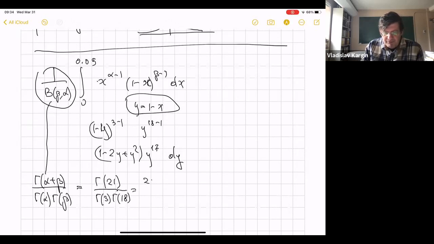So it's 20 factorial divided by 2 factorial divided by 17 factorial, which is 20 times 19 times 18 divided by 2. So this constant is equal to this.